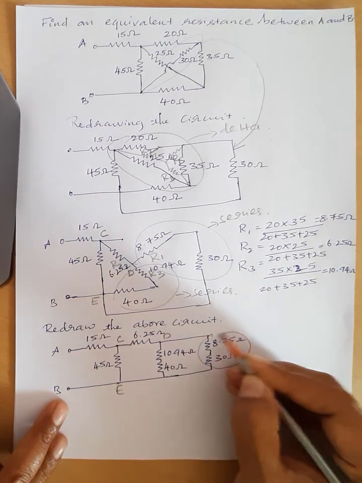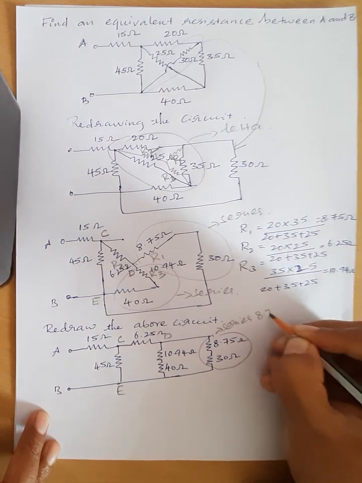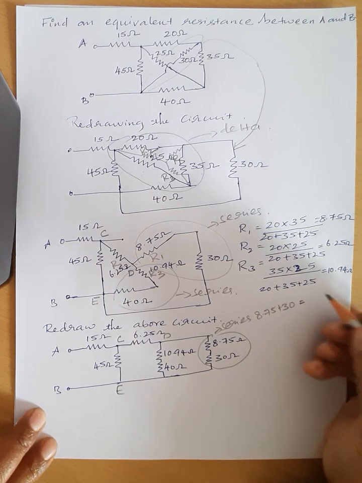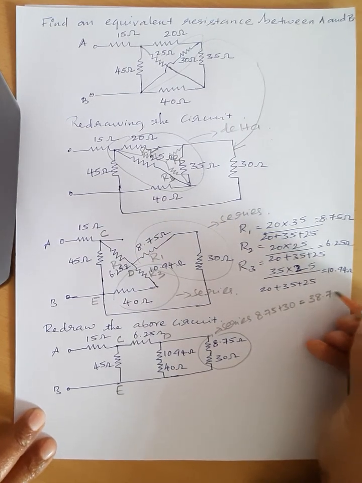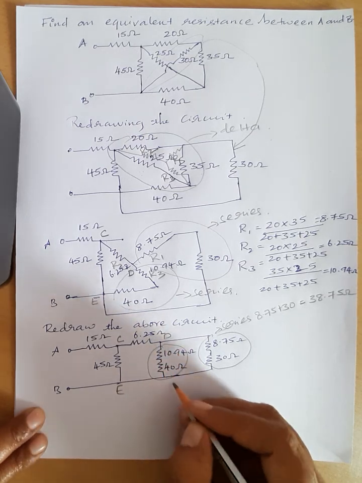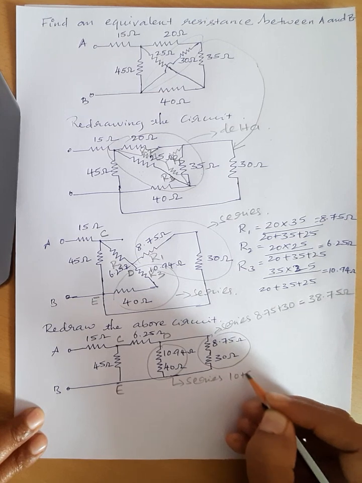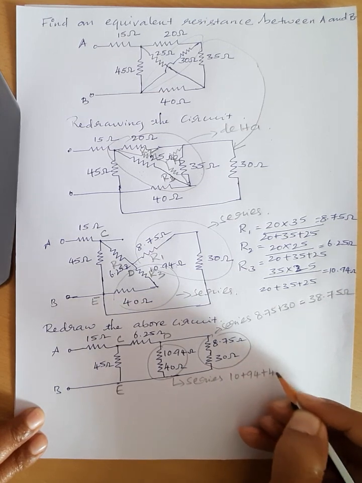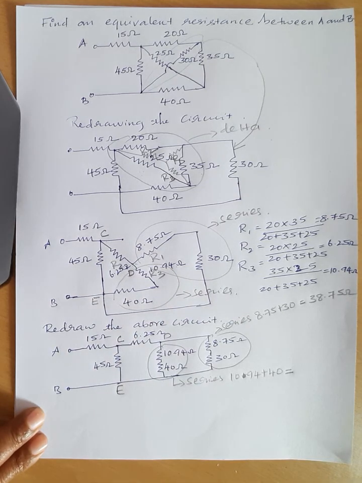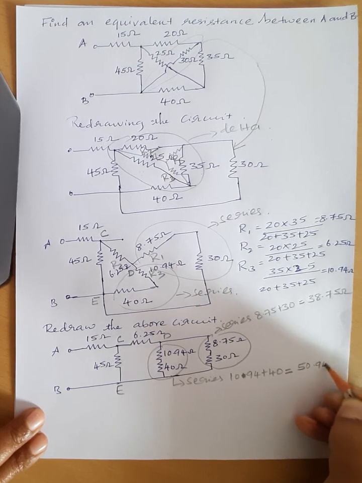So these two will now be in series. Add the resistances, 8.75 plus 30. You will get 38.75 ohms. And next these two are in series, 10.94 plus 40, you will get 50.94 ohms.